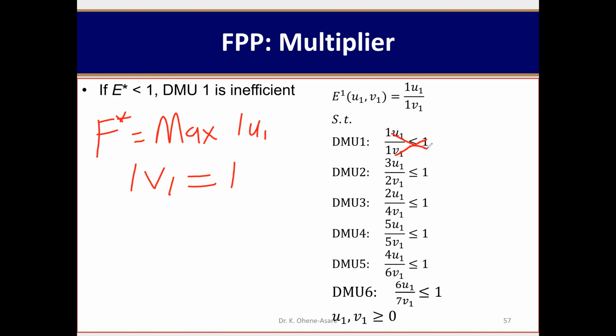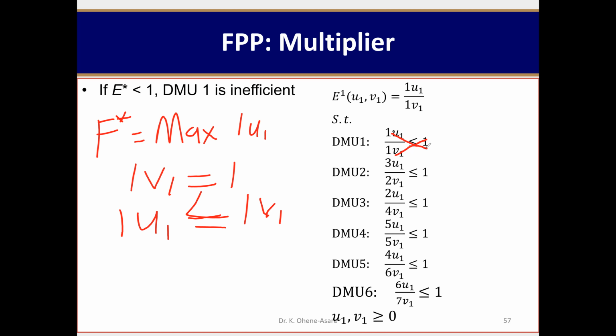So for the first DMU, when you cross multiply, it's going to be 1u1 less than or equal to 1v1.